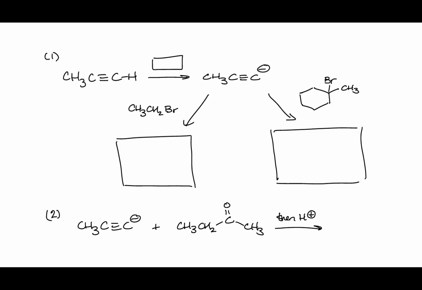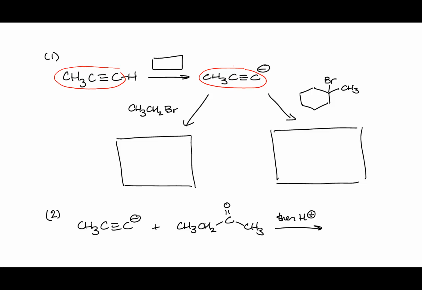The first thing I like to do is ask what is in common between the reactant and the product. This part of the molecule is in the reactant and also in the product. If you isolate that, even with a highlighter, you can ask what's different. What's different is I lost the hydrogen.